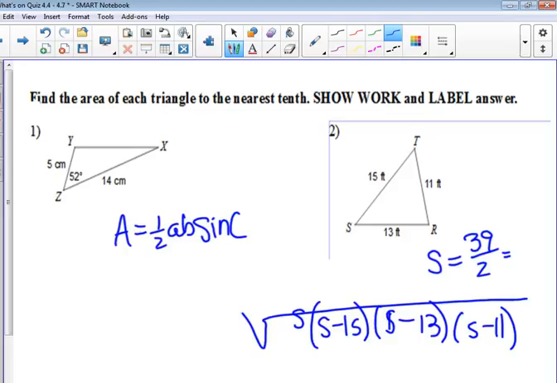Need me to finish that one or you got this? Okay. You can store it, yes. So if you did 39 divided by 2 and then hit that store key and X, then you wouldn't have to keep typing that part. So you would type X times X minus 15, close parenthesis, X minus 13, close parenthesis, X minus 11. Any questions?